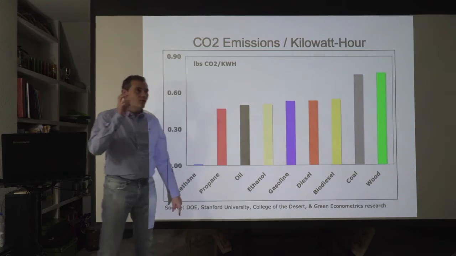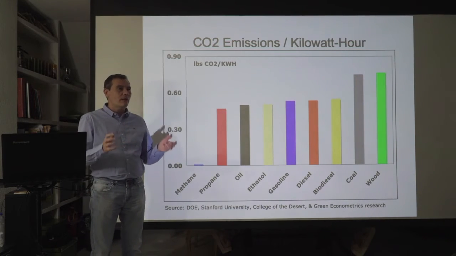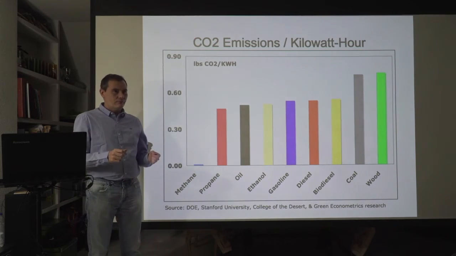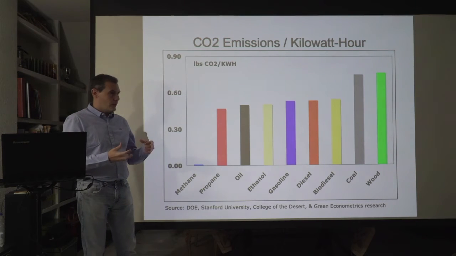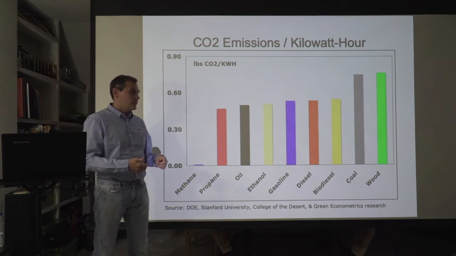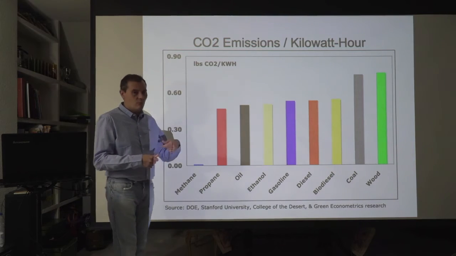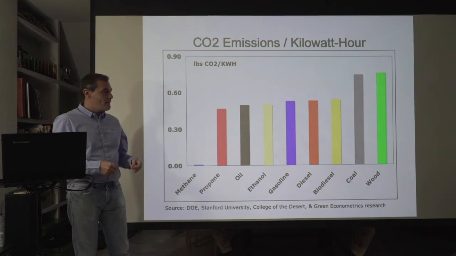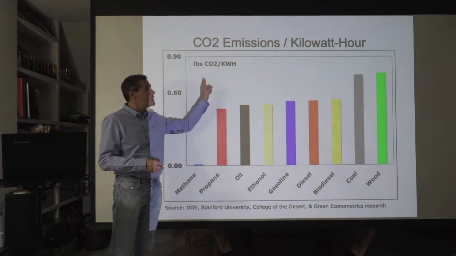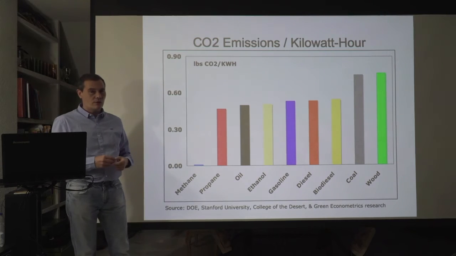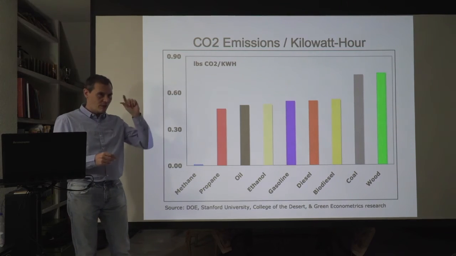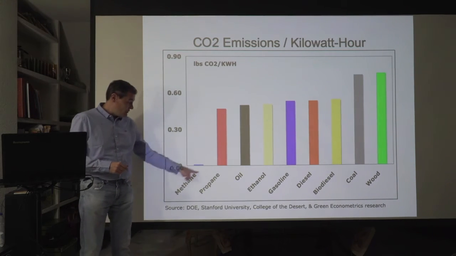Sometimes we tend to think, okay, wood is a natural element, it's renewable, there are a lot of trees, and we can plant more trees. But when it comes to CO2 emissions, burning wood is not a good option. So keep that in mind. The best option is methane.